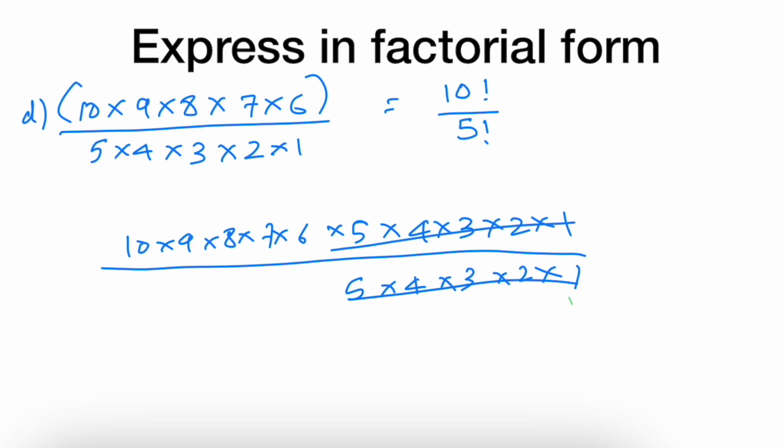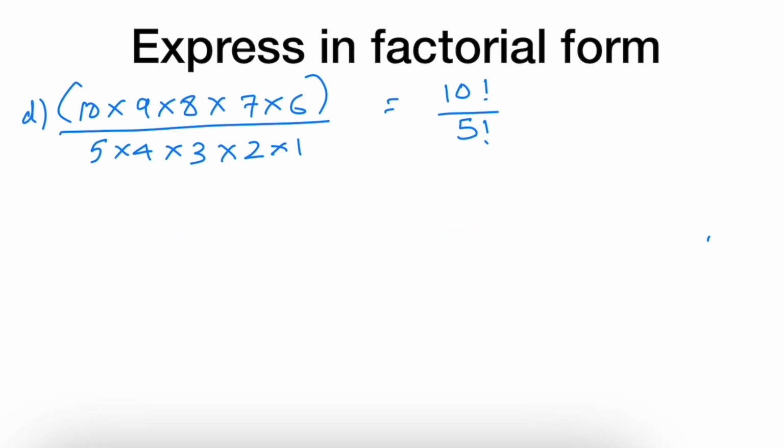So if you cross that out, you will actually get the numerator. What about the denominator? 5 into 4 into 1. It is just 5 factorial. So write it as 5 factorial. So this can be written as 10 factorial divided by 5 factorial into 5 factorial. That's it. Let's go to the next problem.